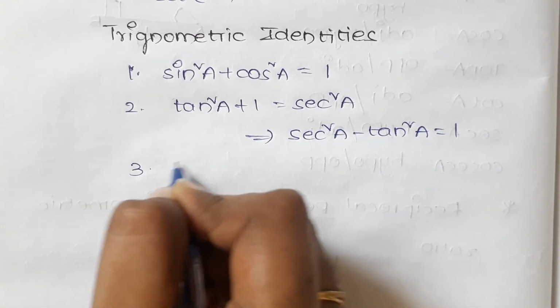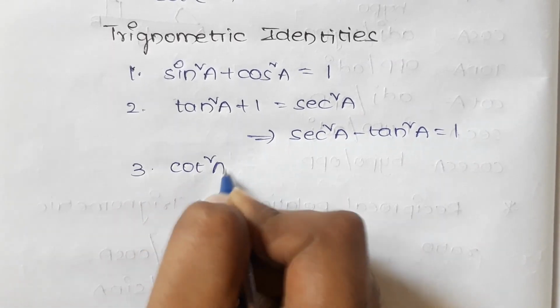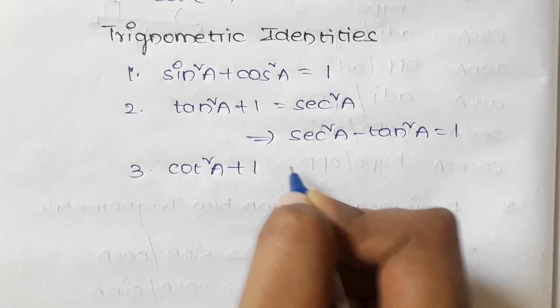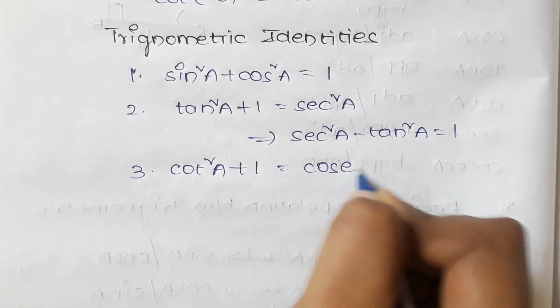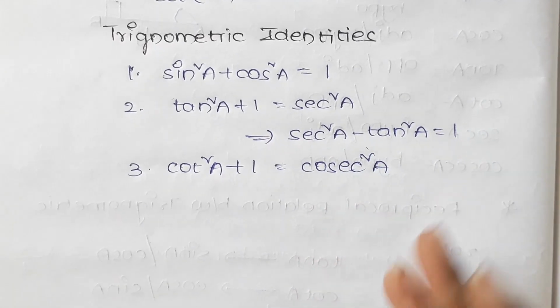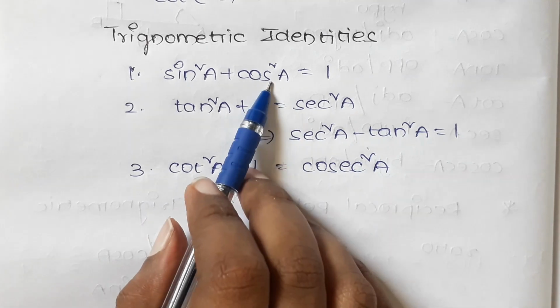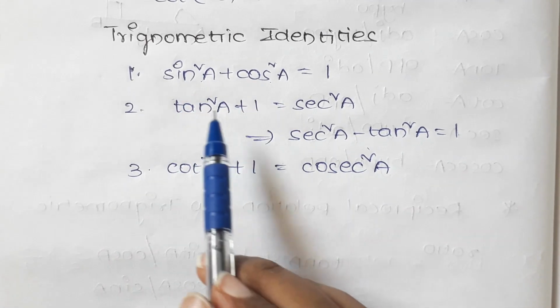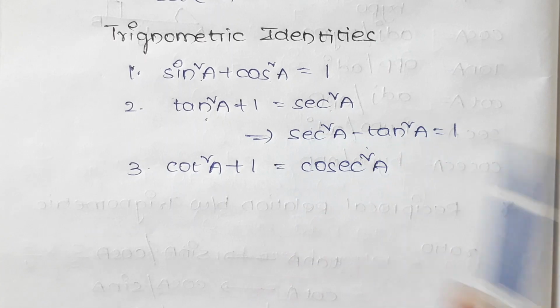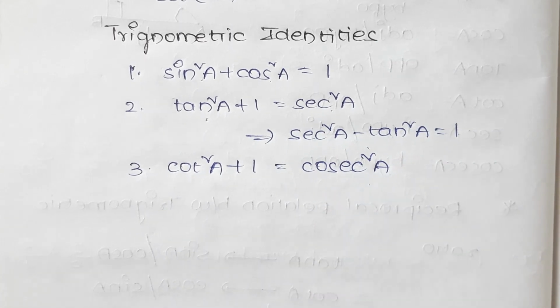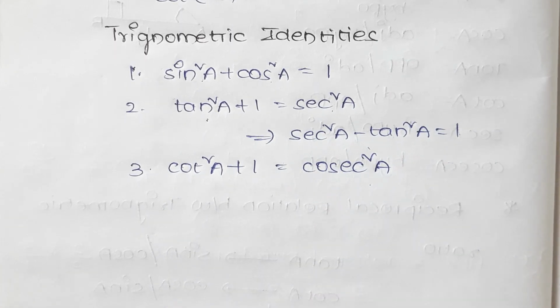And the next one is cot square A plus 1 equals cosecant square A. By using these three identities, we can find the cos square A, sin square A, tan square A, secant square A, cot square A and cosecant square A formulas. These are the trigonometric identities.